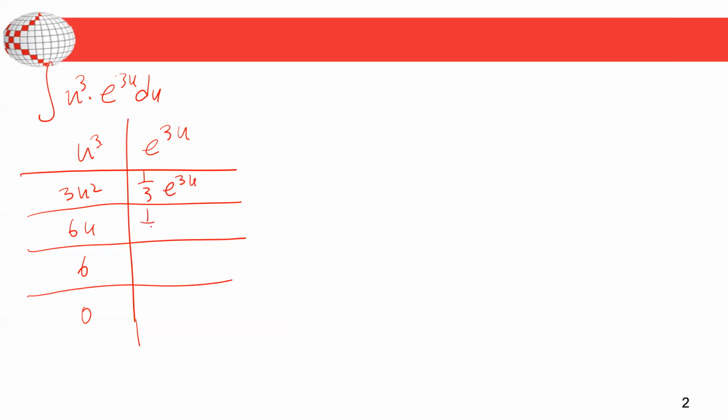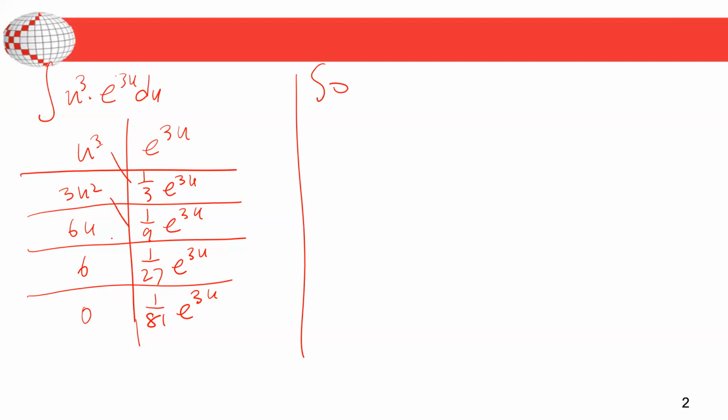Integrate again, 1/9 e to 3u, then 1/27 e to 3u, and 1/81 e to 3u, right? So now by the formula that we learned, we are going to form those 4 diagonal products.